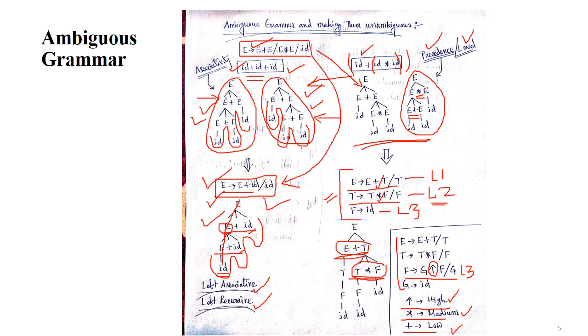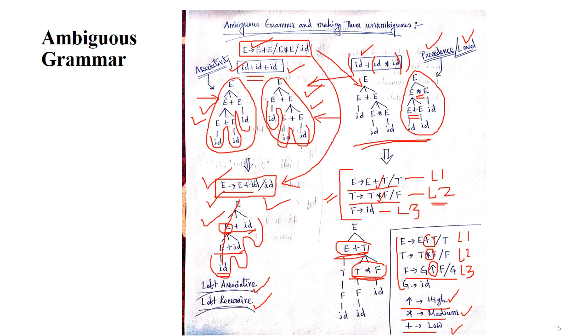This means the power of operator will be performed first, then multiplication, and then addition, because the level of the power of operator is the highest. It belongs to the highest level, multiplication belongs to the medium level, and the addition operator belongs to the lowest level. And this is called precedence or level.